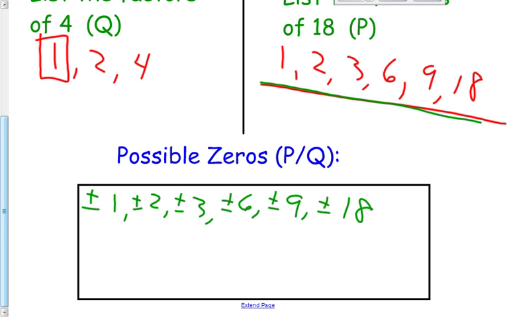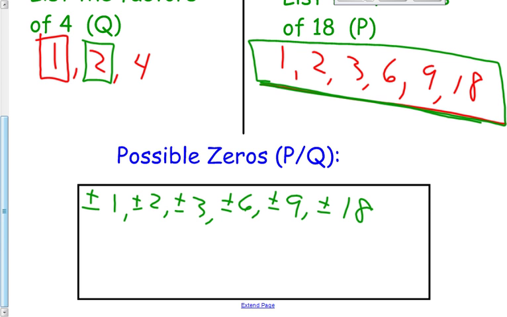Now we're going to put all of these numbers and divide them by 2. Okay, now if there's any repeats, we don't have to write it more than once. So let's put 1 over 2, and we would get plus and minus a half. Now let's put 2 over 2, so what's 2 divided by 2? It's 1. Well, we don't have to write it because 1 is already written right here. So now we're on to 3. So 3 divided by 2 is plus and minus 3 halves.